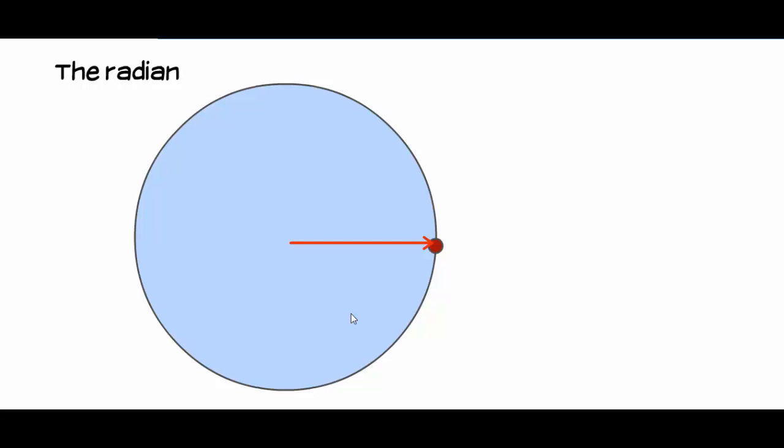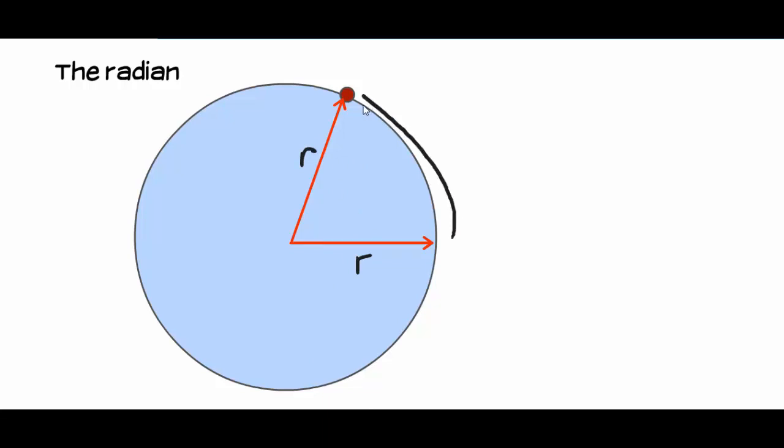The radian is defined by, if we have a circle and we've got a radius of r, and then if we move around and so we transcribe an arc whose length is also equal to r.